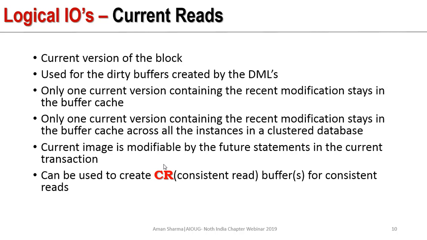But if you do not give a rollback or a commit, then for any other user a consistent copy has to be created, and that is done by creating a CR copy. The CR copy is created by applying the undo to the buffer, which means using the undo image we create a CR copy which is given to those users who require a consistent image of the same buffer.